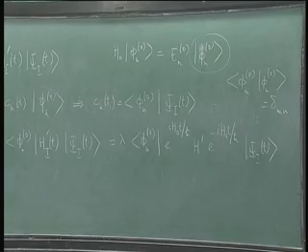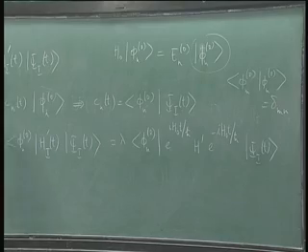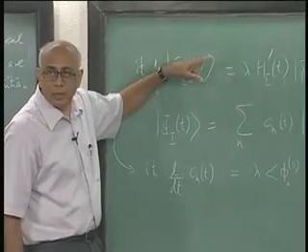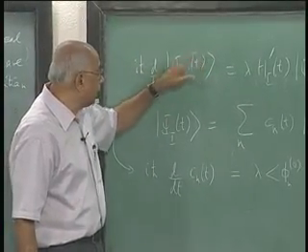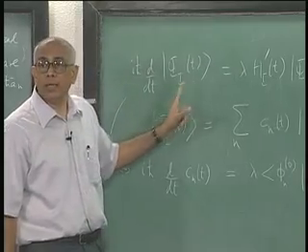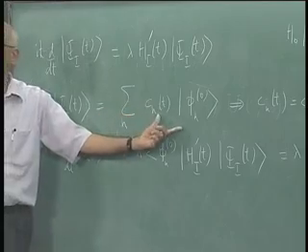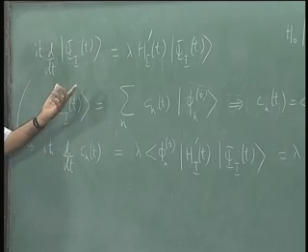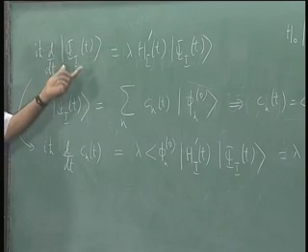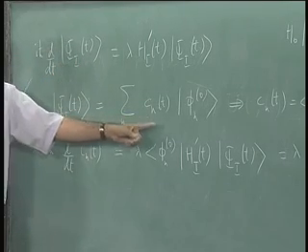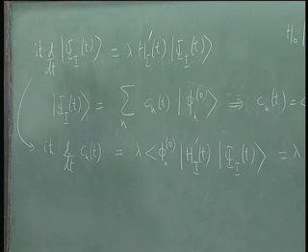What should I do next? Well, what I am trying to do is to take this equation, expanding the unknown ket vector in this basis set and converting the differential equation for this ket vector to a differential equation for the coefficients.